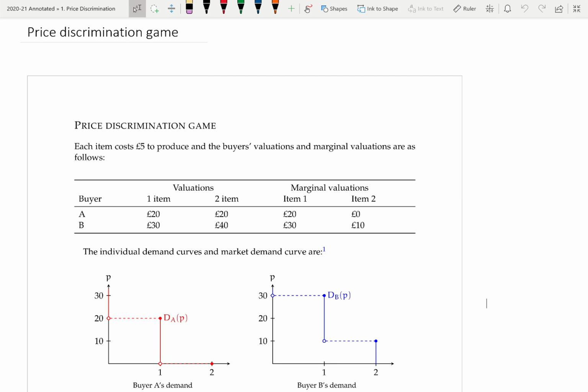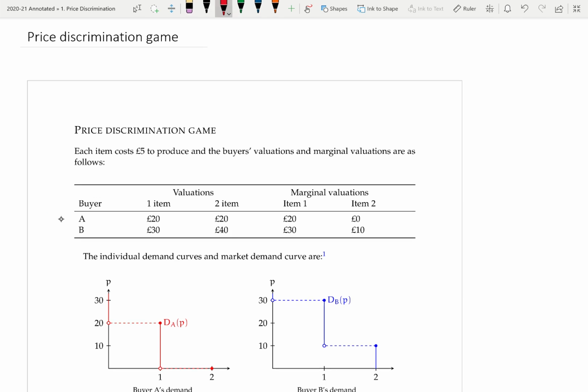Now in the game there are two buyers, A and B, and in the table we have the valuations of the two buyers. So let's start by looking at buyer A. Buyer A is willing to pay £20 for one item, and it happens that they're also willing to pay just £20 for two items.